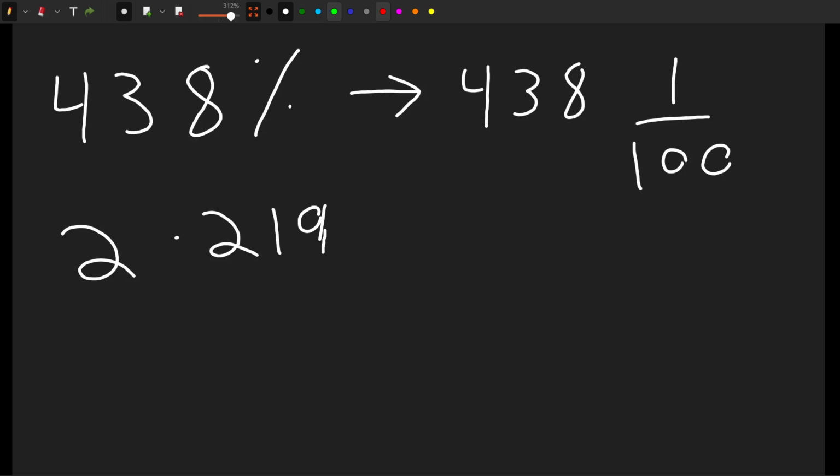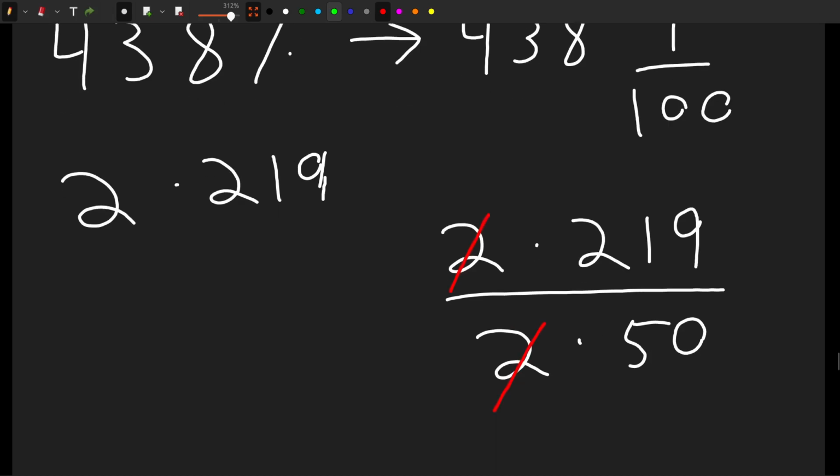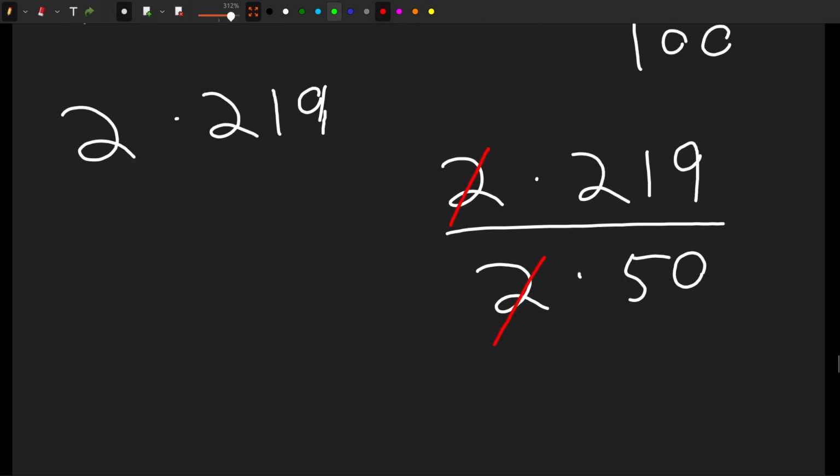Here's what we can do. Our numerator is going to be 2 times 219. Our denominator in this case I know can be 2 times 50. So I can factor out at least 1, 2 here. And now we just need to ask ourselves, how many groups of 50 are in 219? I would prefer to write this as a mixed number instead of as an improper fraction.